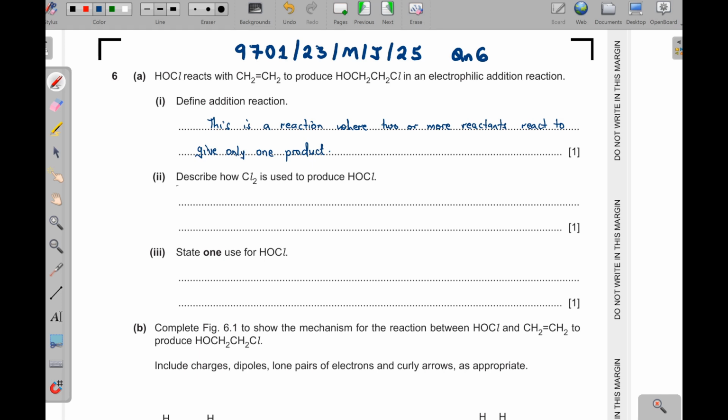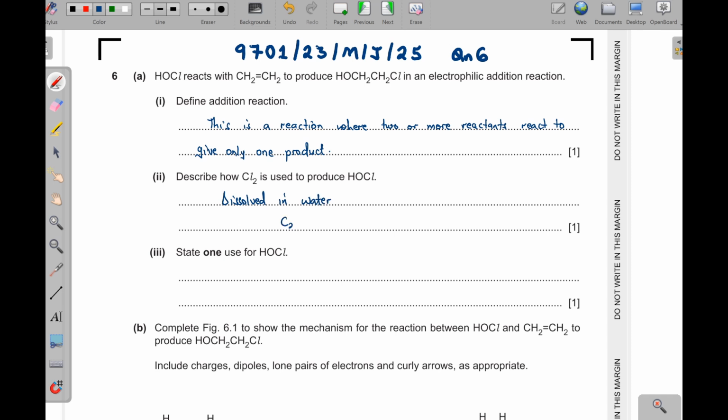Then Roman 2, describe how chlorine is used to produce the hypochlorous acid dissolved in water.